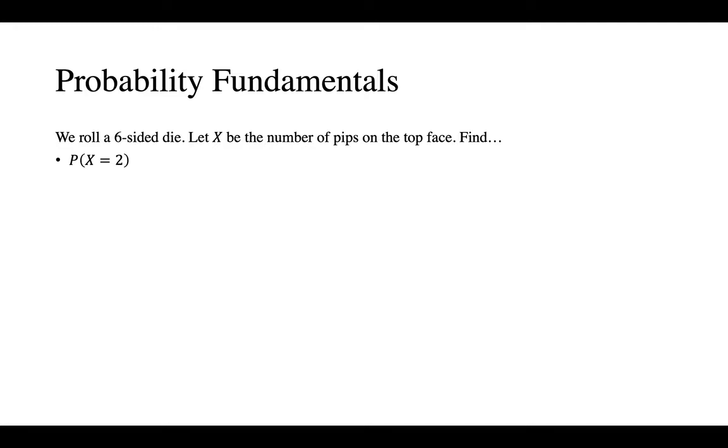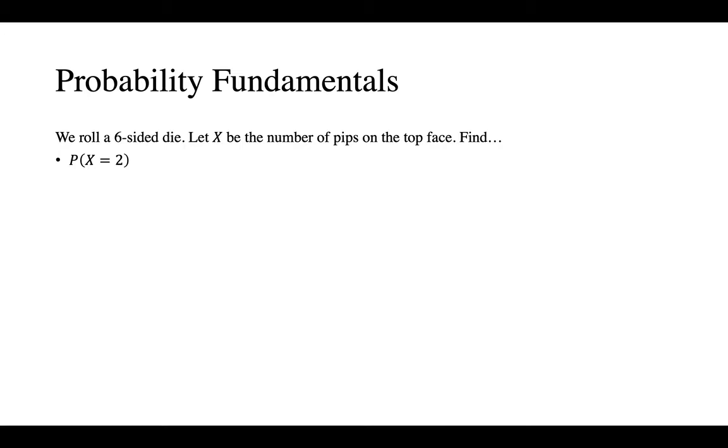This is a very simple example. There's one 2 in the sample space and there are 6 outcomes in the sample space, so the answer would be 1 out of 6. You could write that as 1/6, or as a decimal, about 0.167.